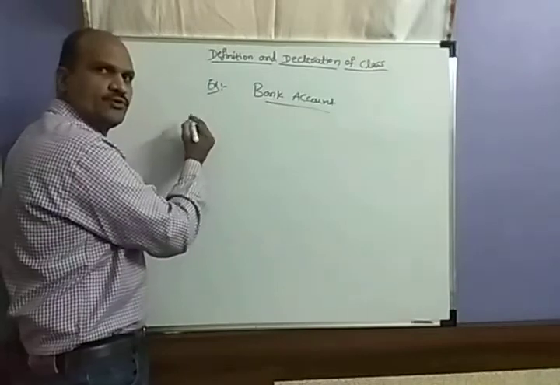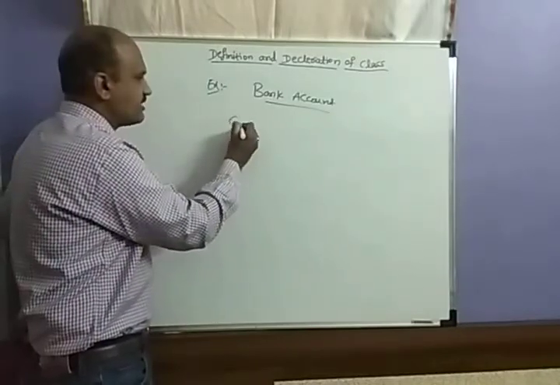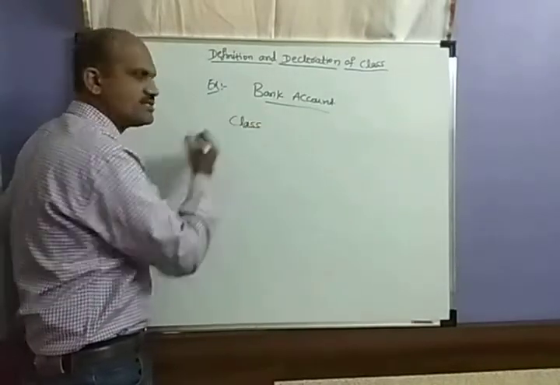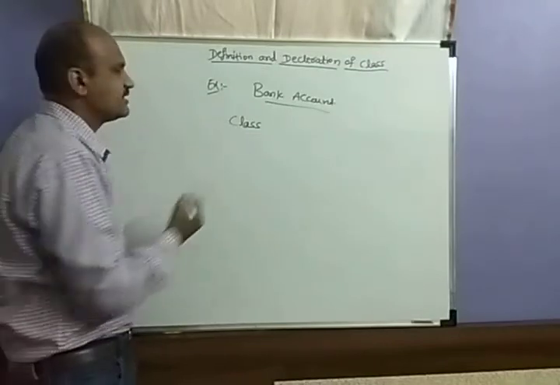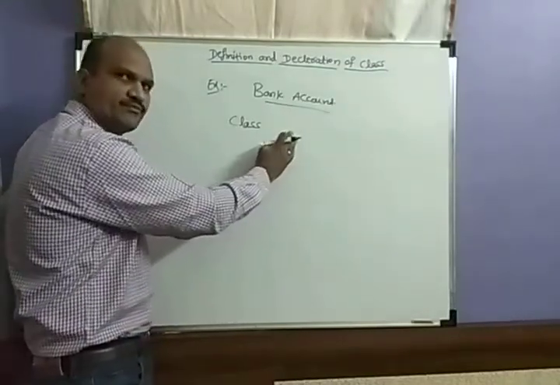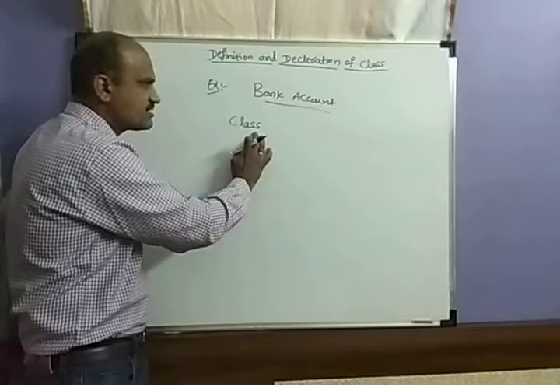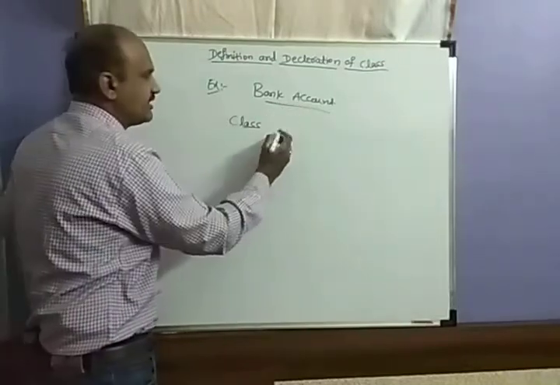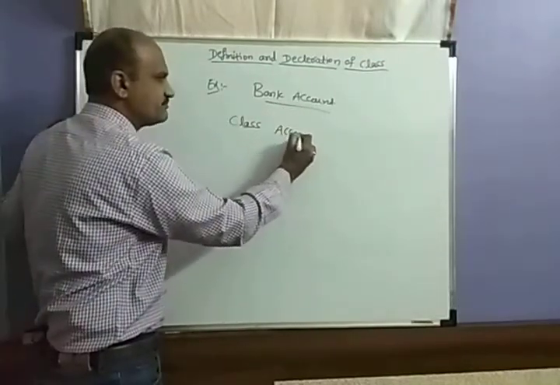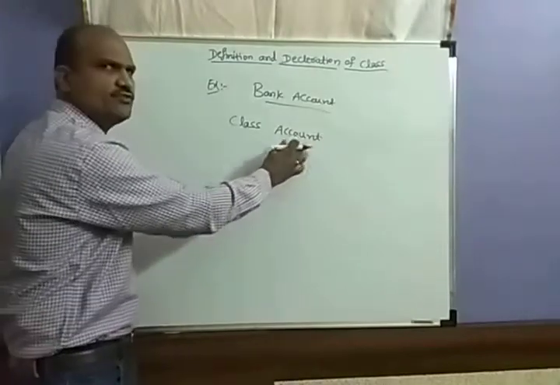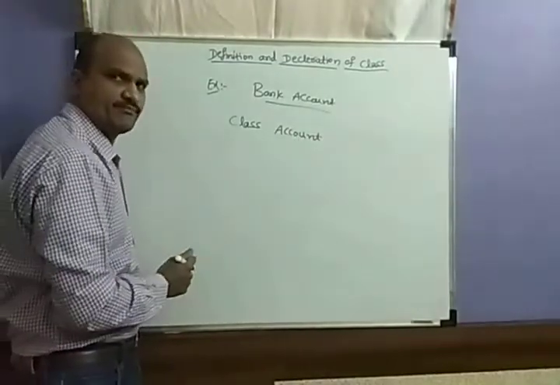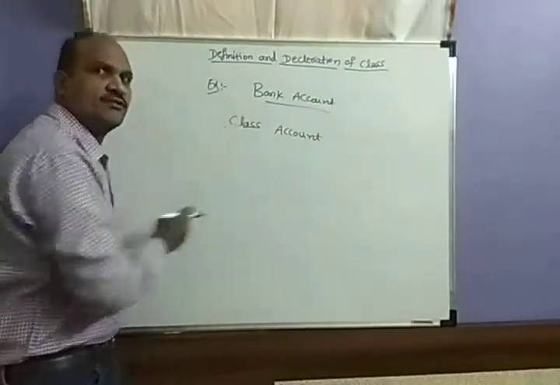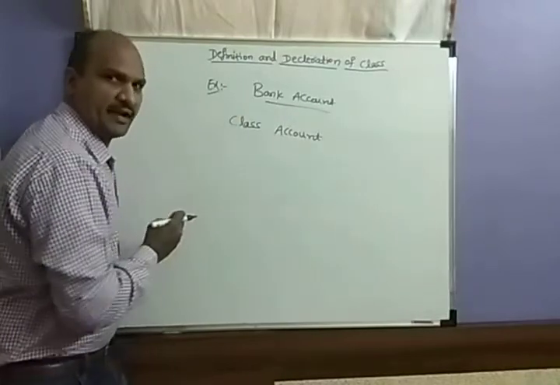As I told you in the syntax, it always starts with class, that is a keyword, compulsorily. Then the user defined name, that is the name of the class. So we are using the bank account. I can write Account as the class name. It is user defined, you can write anything, but it should relate to that particular program.